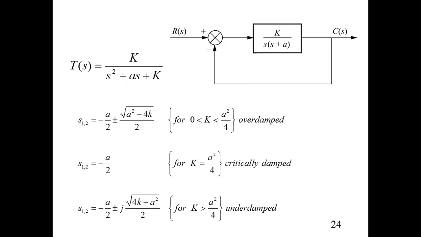If K is exactly equal to a square over 4, our values of S will be real and repeated. That's why our second order system will be critically damped. And if the value of K is greater than a square over 4, the second order system will have poles that are complex conjugates. So the nature of the response will be underdamped.